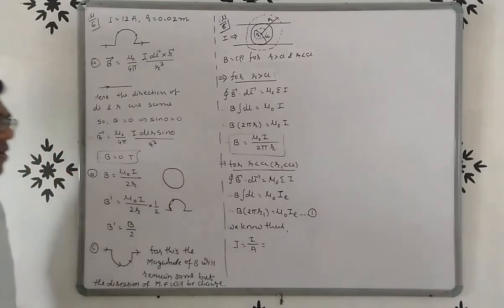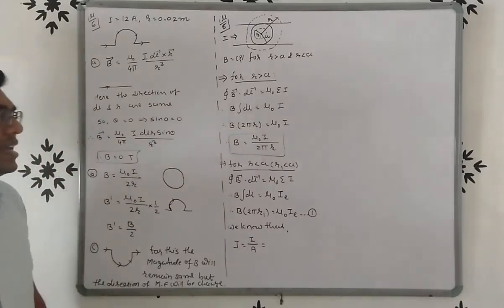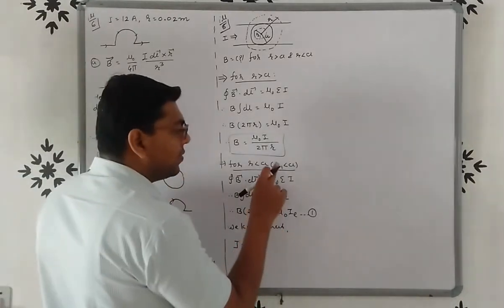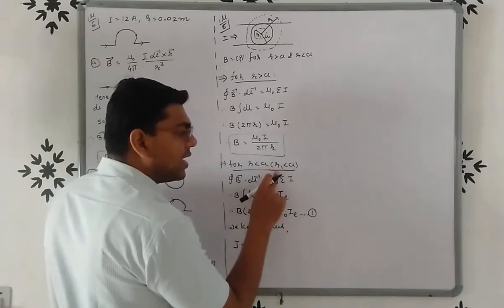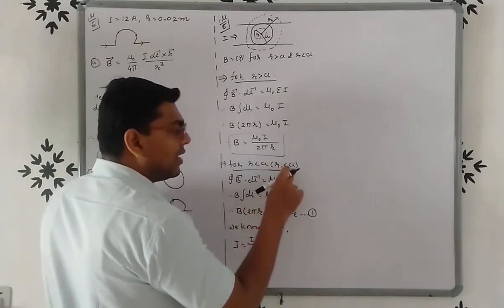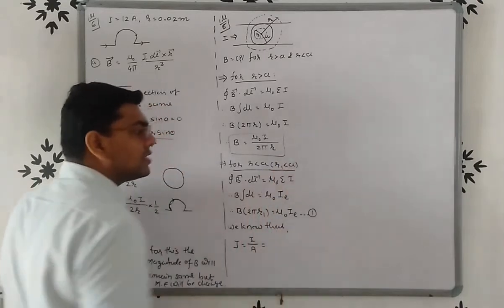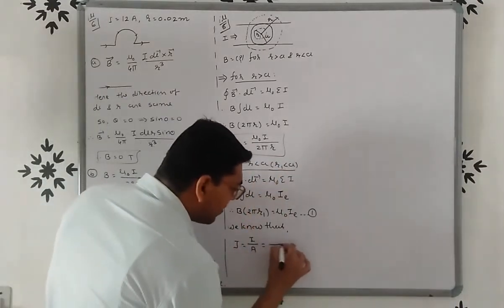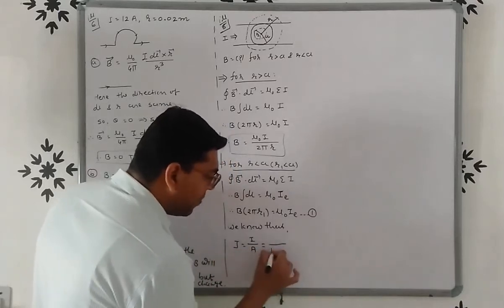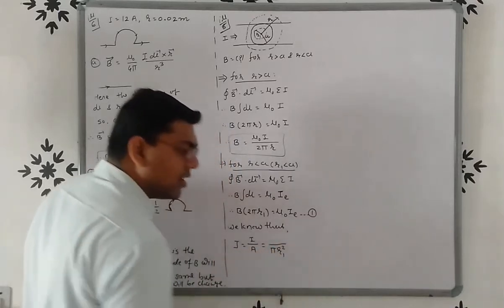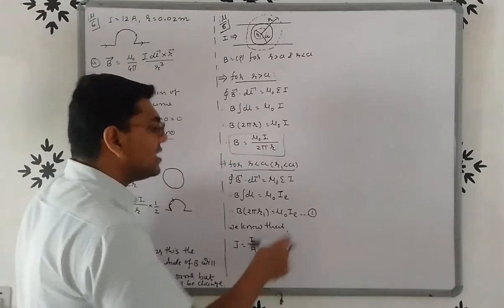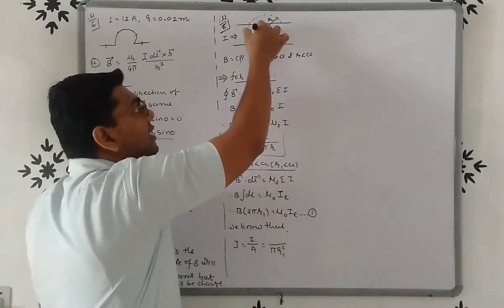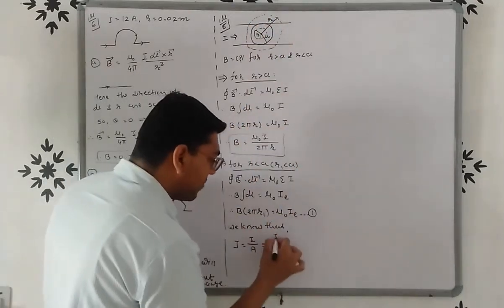So here we can write the current density for a cross section having radius R1 and for a cross section having radius A. For radius R1, the area will be pi R1 square, and the current passing through the cross section having radius R1 is IE.